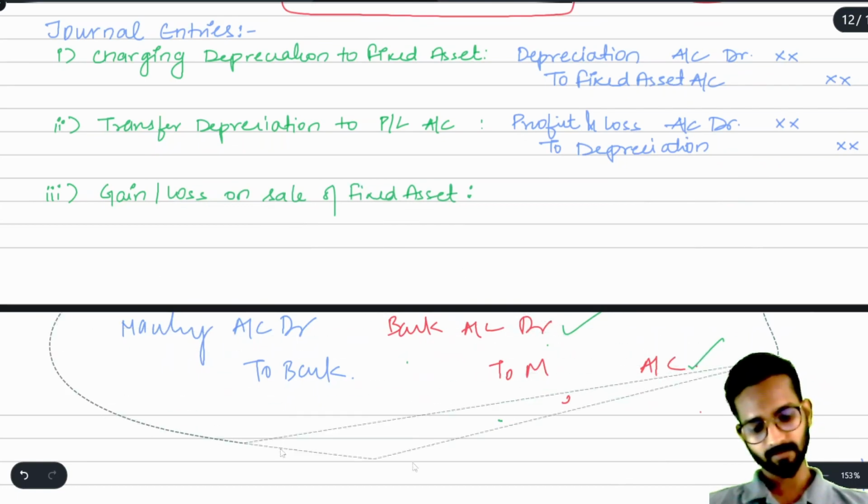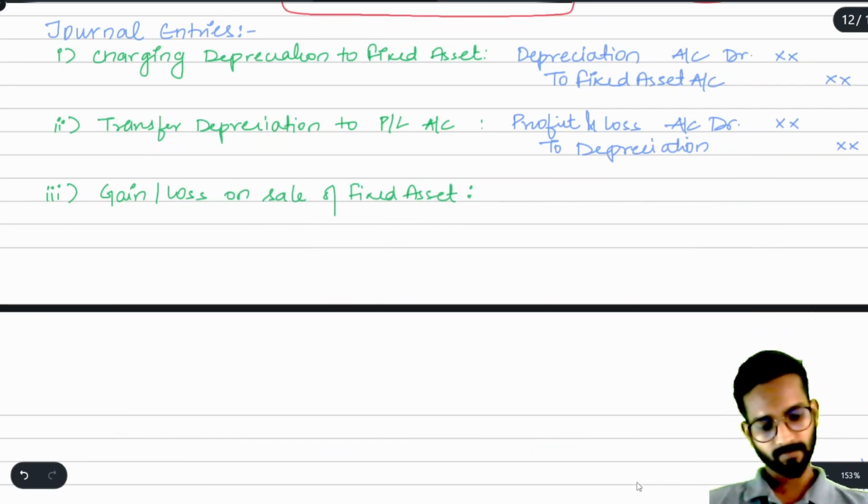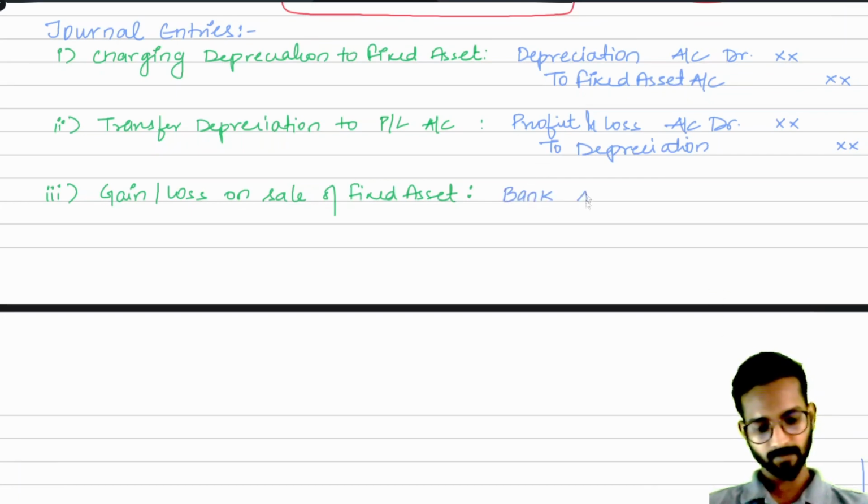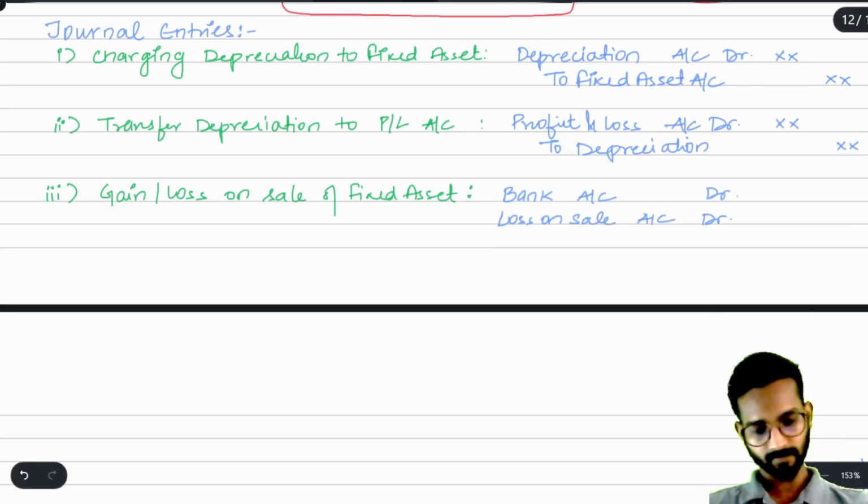See, the journal entry will be, you are receiving money, bank account debit, loss on sale account debit, then to fixed asset.